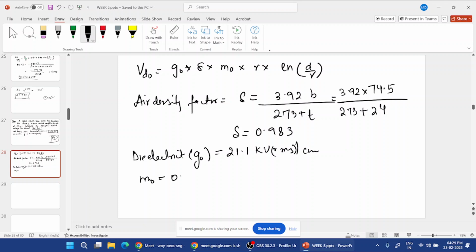Just a second. Okay. Now conductor radius.